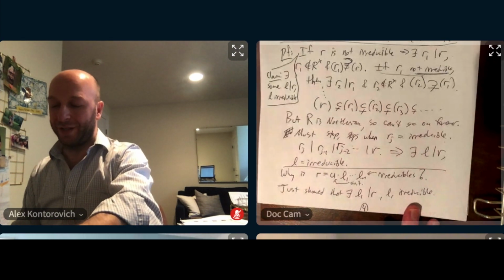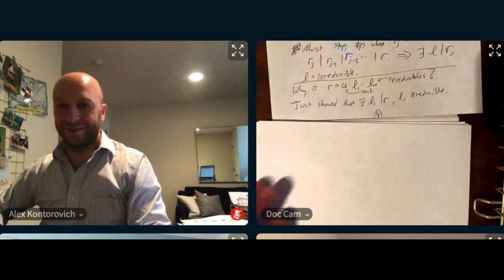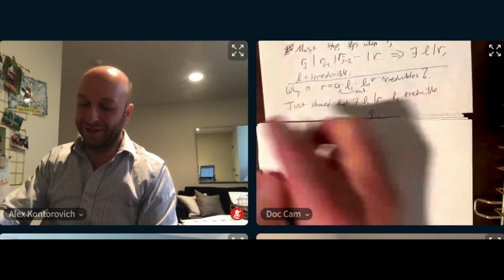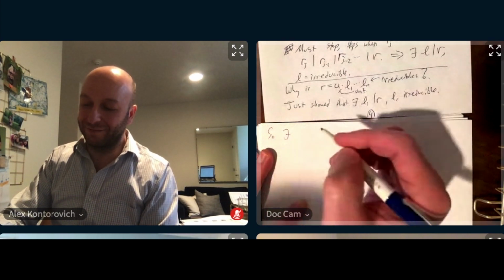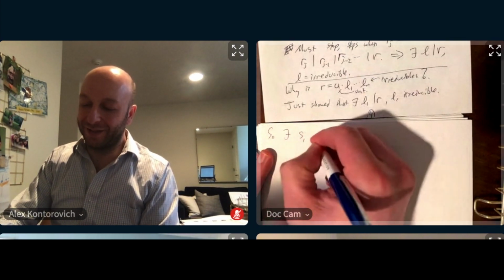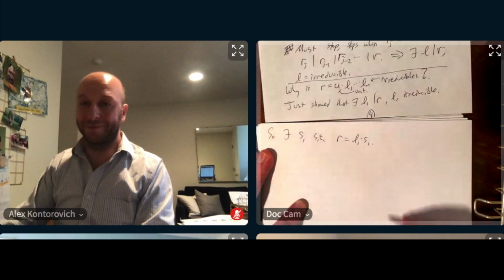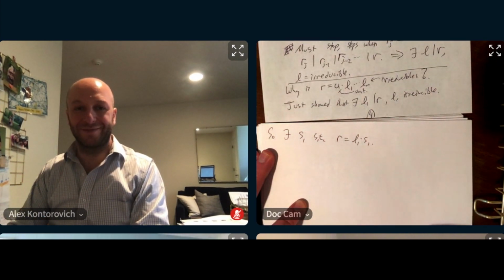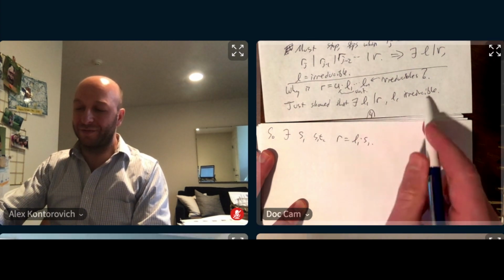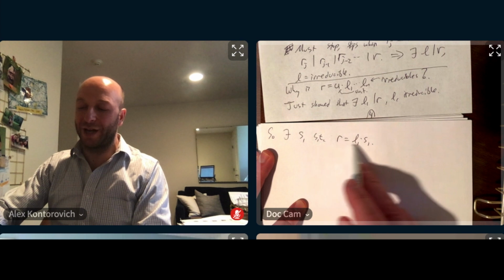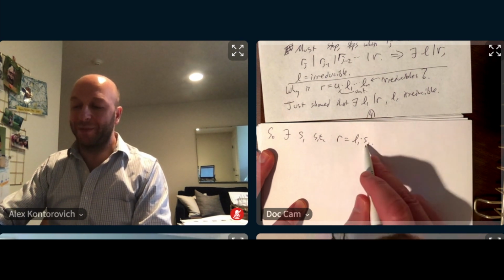What does it mean to divide? So there exists S1 such that R is equal to L1 times S1. R has an irreducible divisor. If R itself is not irreducible, then it's L1, which is irreducible, times somebody.